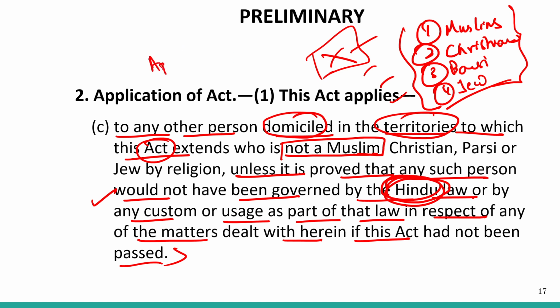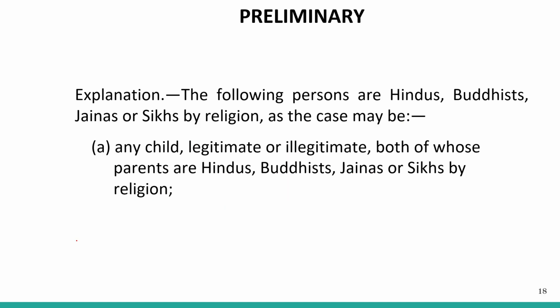But apart from that, if there is any person who is domiciled in the territories to which this act extends, meaning this act extends throughout the territory of India, so anybody who is staying or domiciled within India, and whose customs and usages resonate with the laws or rules under the Hindu laws, then that person shall also be governed by the Hindu Marriage Act of 1955, until and unless they show that there is a contradiction or difference in their customs which makes them not applicable to this particular legislation.